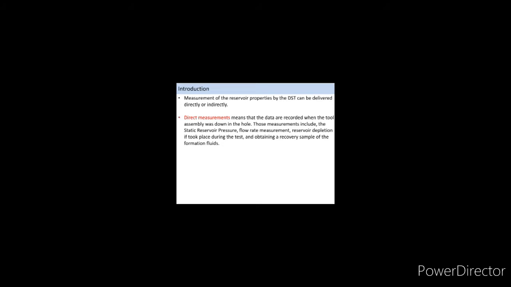So we will measure the reservoir pressure after the well has been allowed to flow for some time, and then the decrement in reservoir pressure. From that we can determine the reservoir flow capacity, that is kh. This kind of information we can directly determine from the DST.